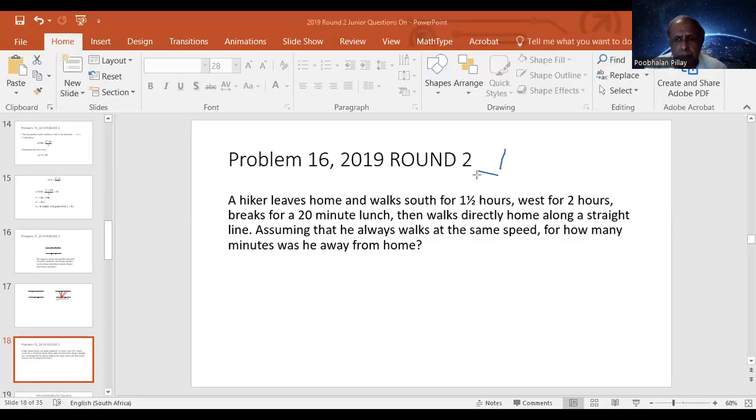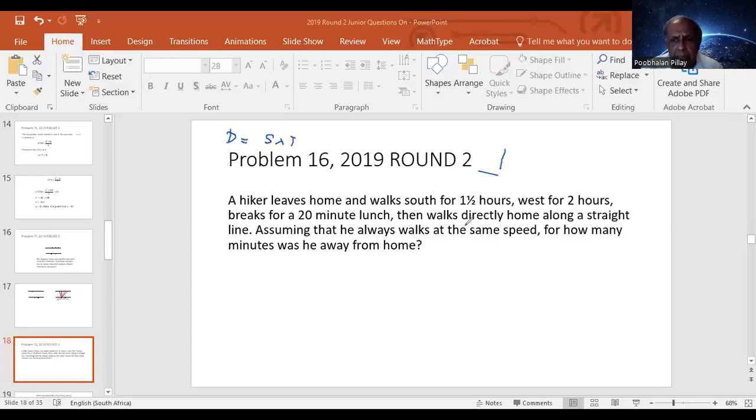Now, we know that distance is equal to speed times time. So this is a problem involving time and distance. And we know an important formula that distance is equal to speed times time.